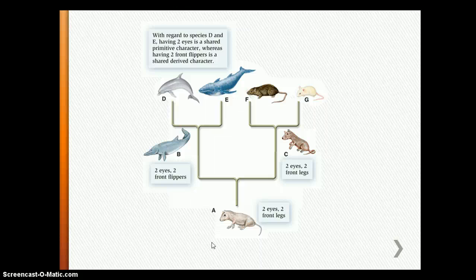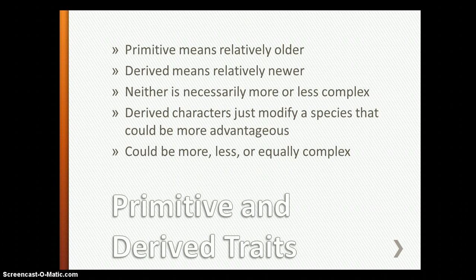they have a shared primitive character where they have 2 eyes. However, their 2 front flippers are known as derived characters. So just to distinguish what we mean with primitive and derived characters, primitive just means relatively older, while derived means relatively newer.